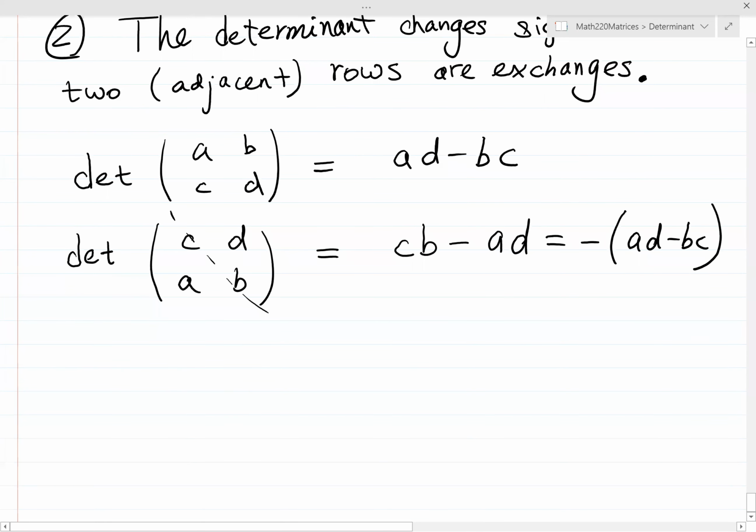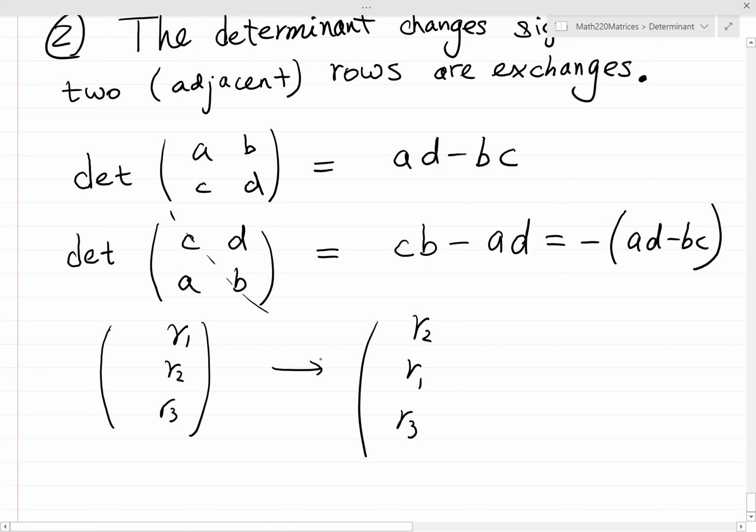So for instance, what happens if we have a 3 by 3 matrix, so that we have 3 rows: row 1, row 2, row 3. Now, how do we exchange row 1 with row 3? Non-adjacent. Well, you can first exchange row 1 with row 2, so row 2, row 1, row 3. Every time we exchange, it differs by -1.